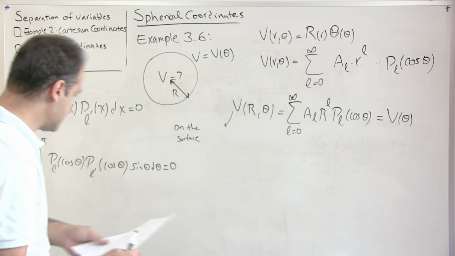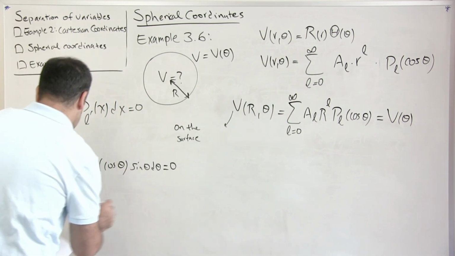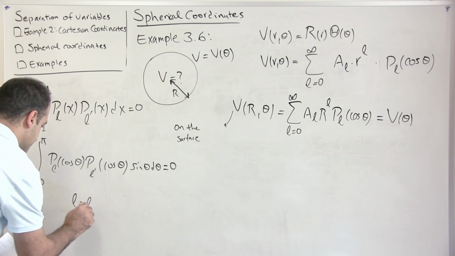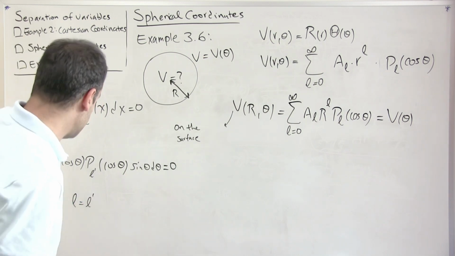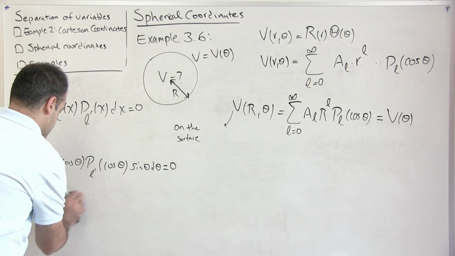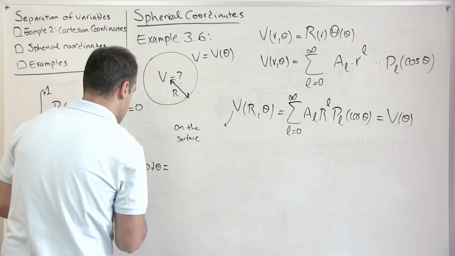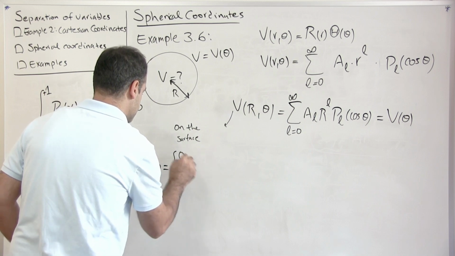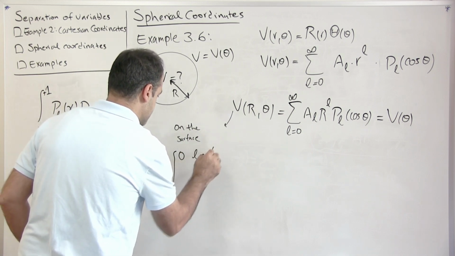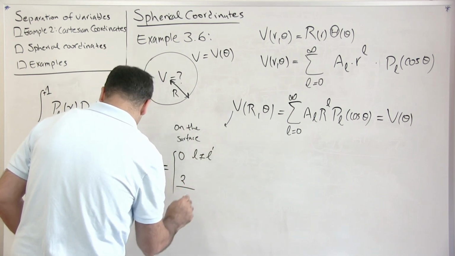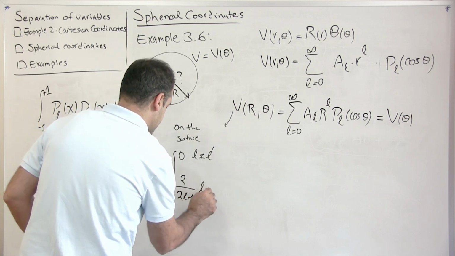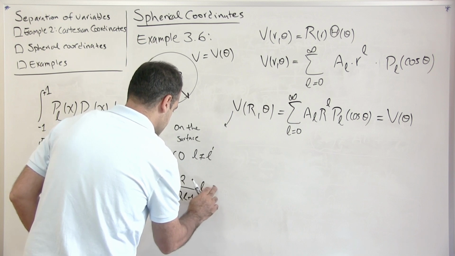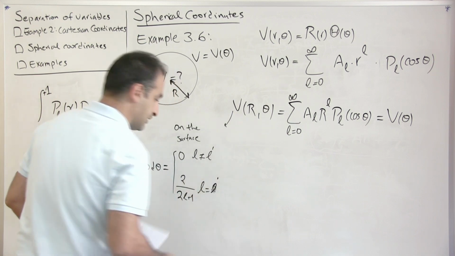Okay, so this is always 0, but if L equals L prime, the integral becomes 2 over 2L plus 1. So let me write it this way. I'm going to say always 0 if L not equal to L prime, and 2 over 2L plus 1 if L equals L prime.